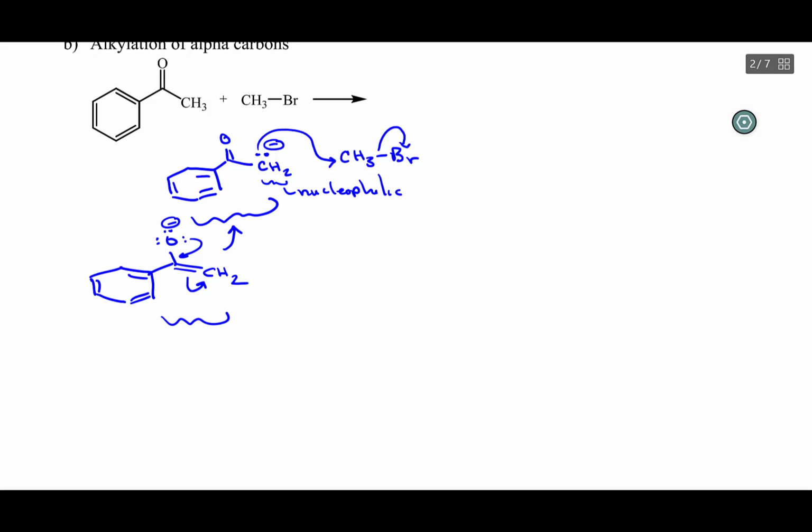The alkyl halide, the substrate, is my electrophile, and the alpha carbon is my nucleophilic carbon, and so the product of my reaction will look like this. And then I'll have created another Br minus like that. But what I've done essentially is I've added a carbon by using an alkyl halide in an enolate reaction.